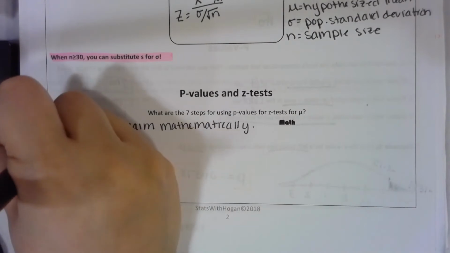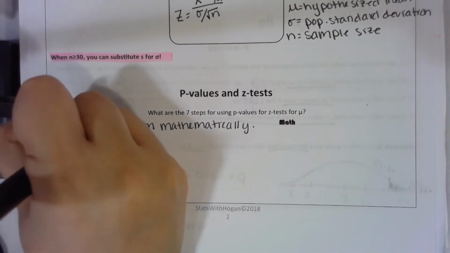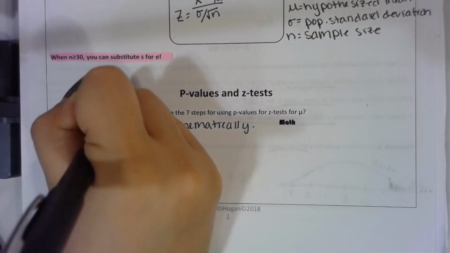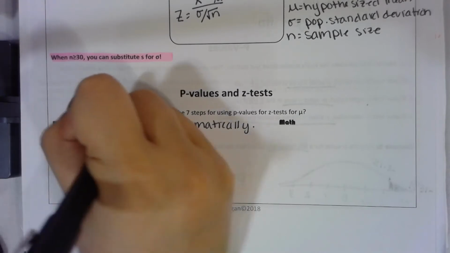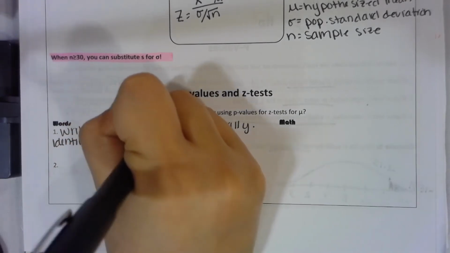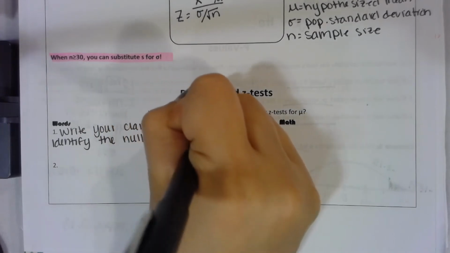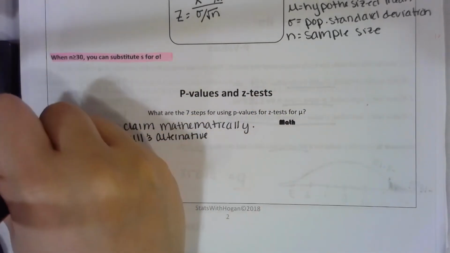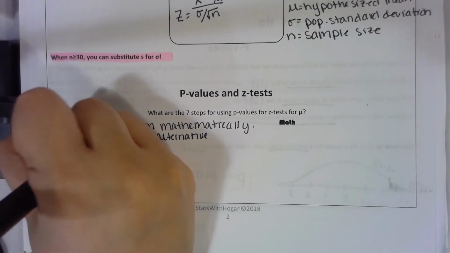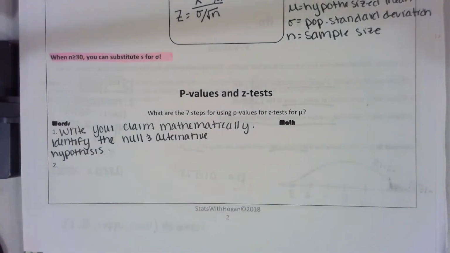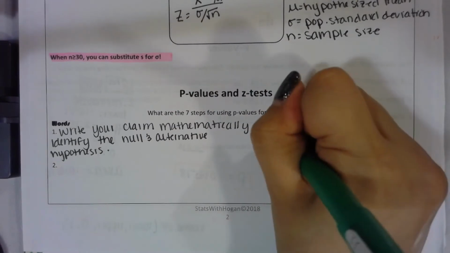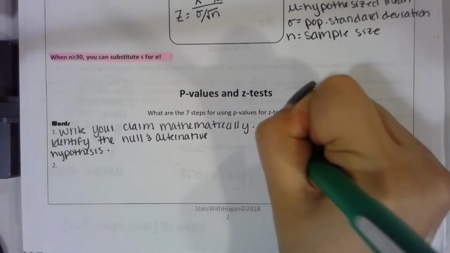So then your second step would be to identify the level of significance. So that's where you state what your alpha is equal to, which your problem should normally tell you. So it'll say alpha equals a number.